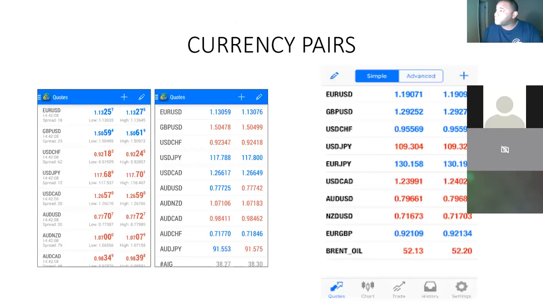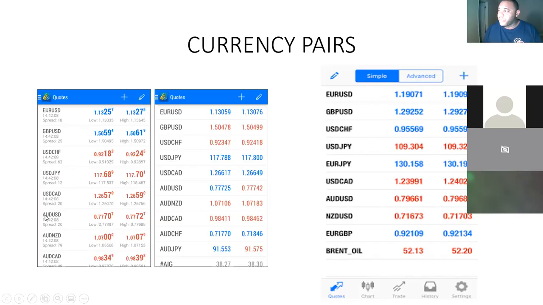All right. So I have the Android as well as the Apple. The currency pairs. You look at this. This will be the euro versus the U.S. dollar, Great Britain pound versus the U.S. dollar, the U.S. dollar versus the Swiss franc, the U.S. dollar versus the Japanese yen, the U.S. dollar versus the Canadian dollar, and you can get a breakdown of it. We use 3 letters for each currency.